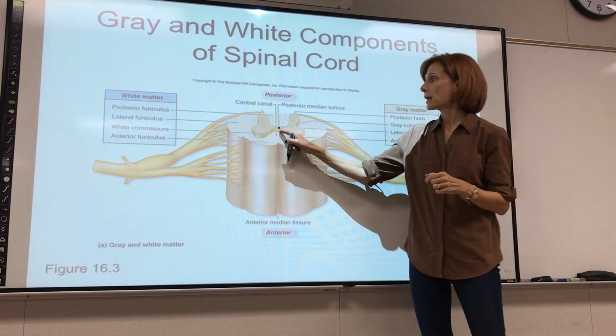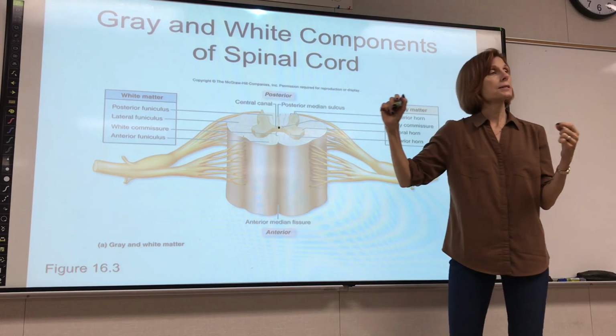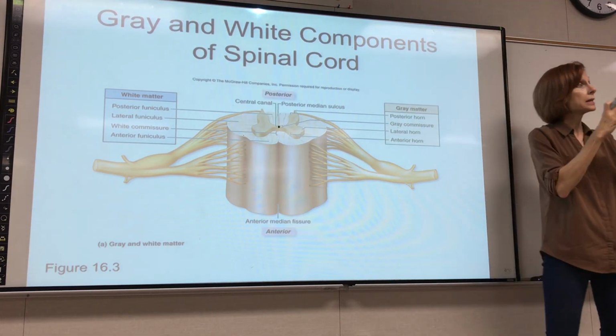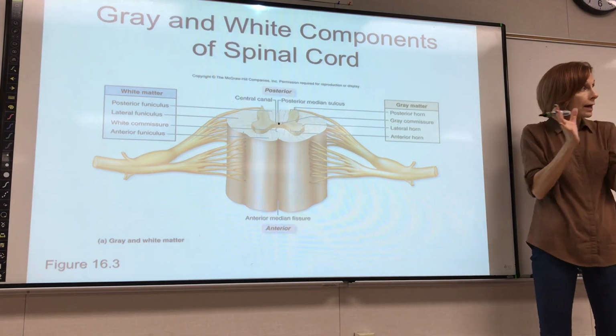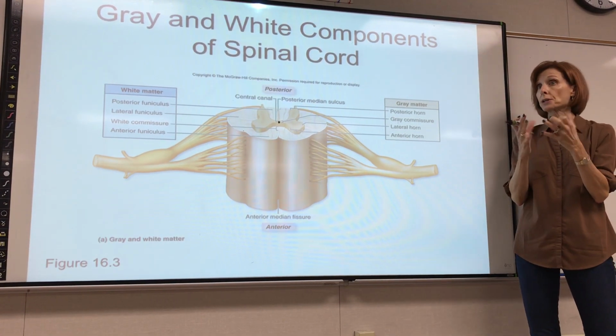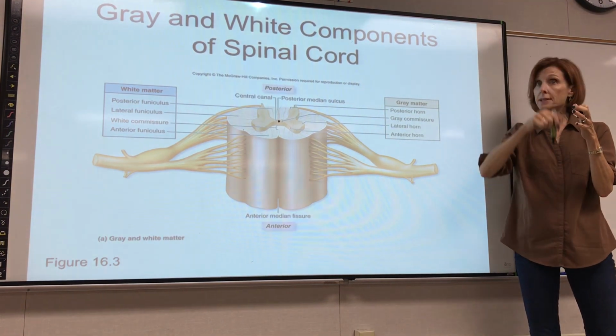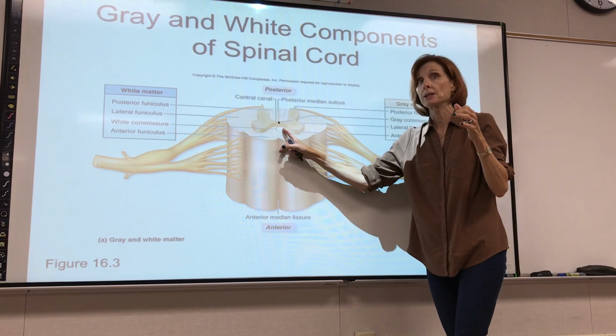The central canal of the spinal cord is actually continuous with the fourth ventricle. They're connected. So when cerebrospinal fluid is leaving the fourth ventricle, it will go out through the apertures into the subarachnoid space, where it can circulate around the brain and around the cord, but some of it will also go down through the central canal.